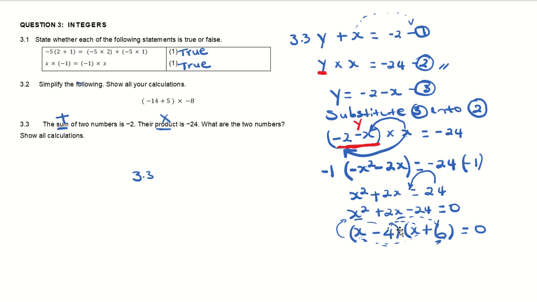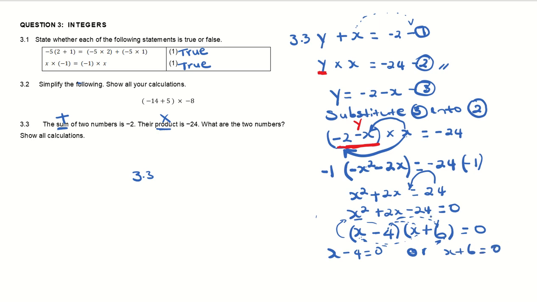So what do we do with this? We have a number in brackets multiplied by another number giving us 0. So this means that x minus 4 must be 0, because if this here is 0, we multiply it by something, we'll get an answer of 0. Or x plus 6 is equal to 0, okay?